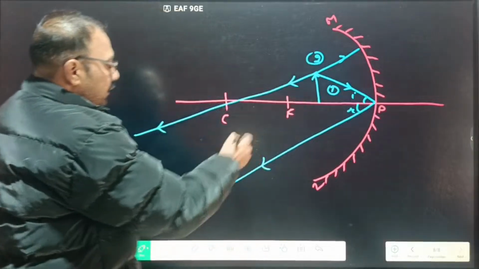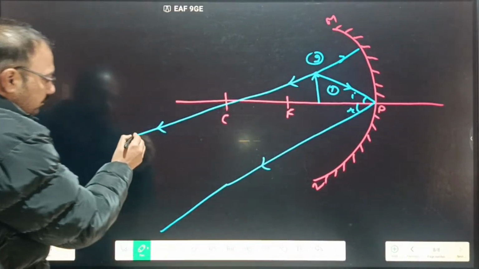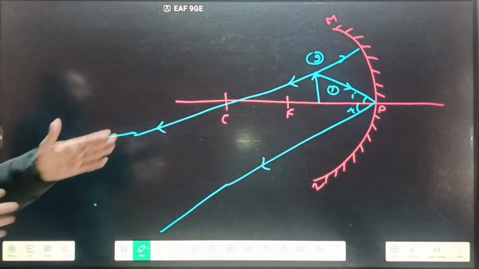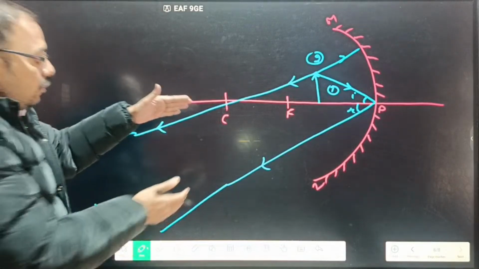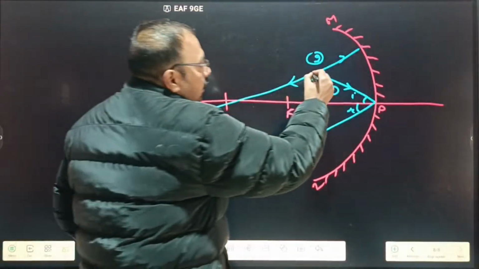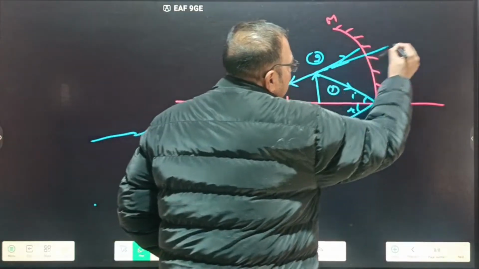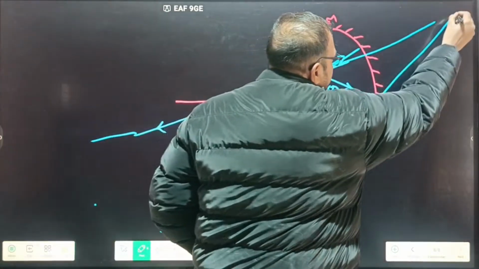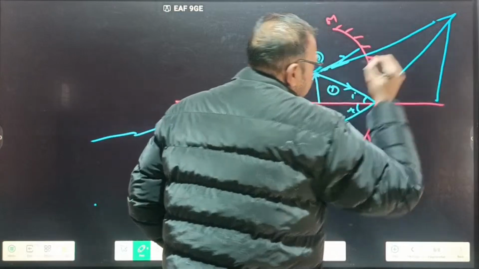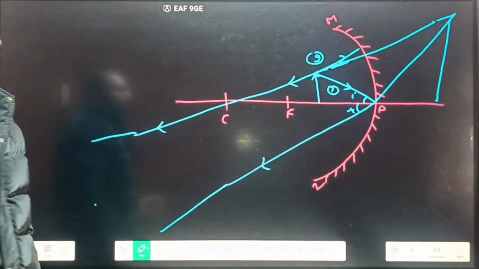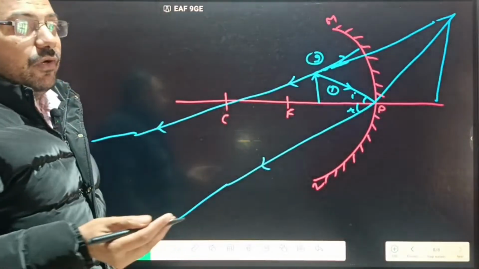If we see, they are moving away from each other, so they are diverging. So these do not cut at any point, but they cut at a certain point here, like this. So in this case, image formed is enlarged and virtual and erect.